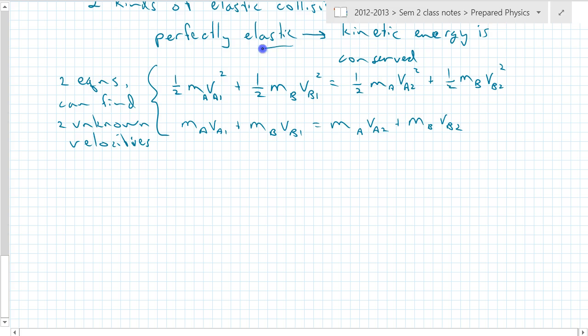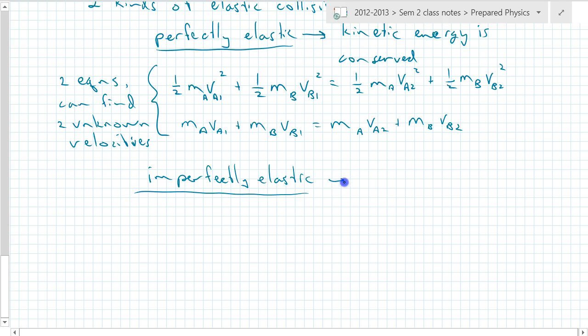So there's perfectly elastic, and then there's imperfectly elastic, where kinetic energy is not conserved.